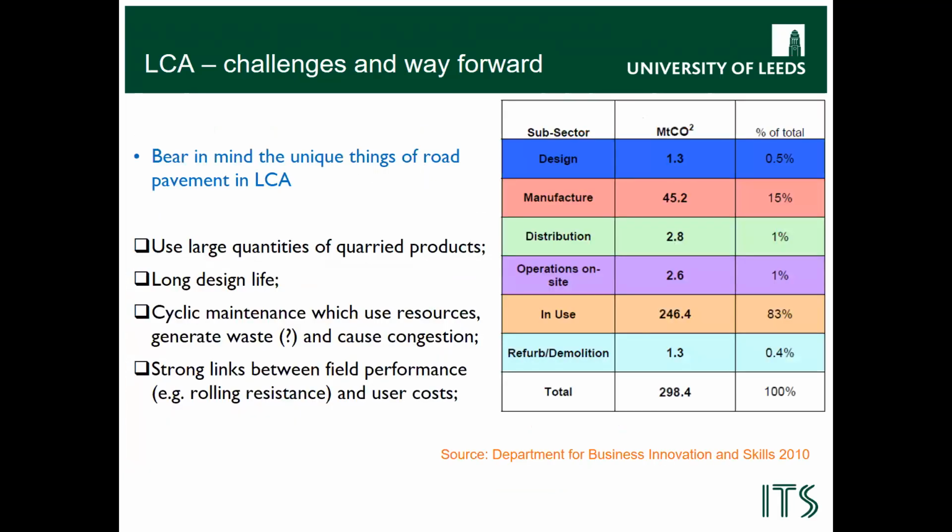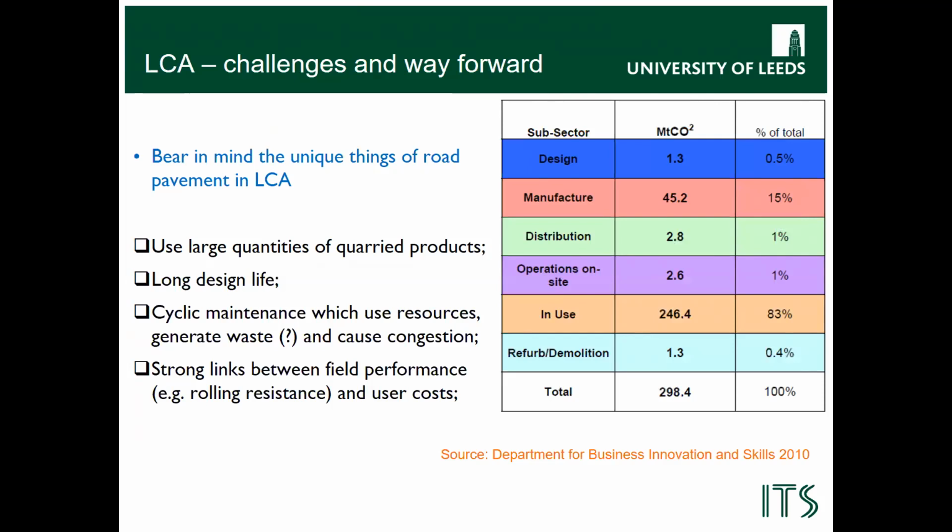And the final point is that, like buildings, the majority of emissions and energy consumption do not come from the construction stage, but from the use stage, when the vehicles are using the road over its long design life. There are a number of studies in which people look at the relation between rolling resistance and pavement type.